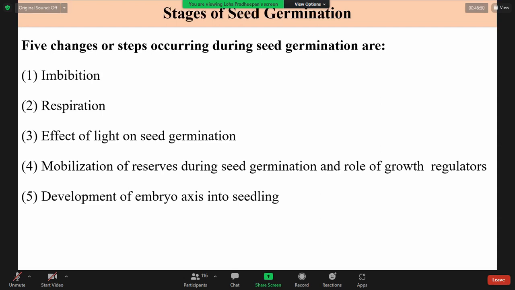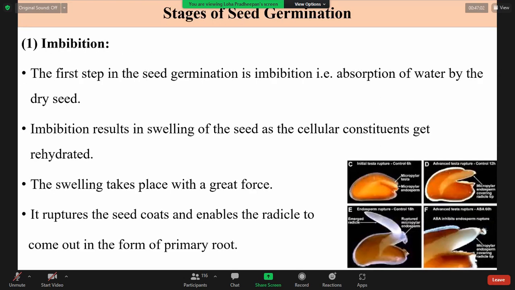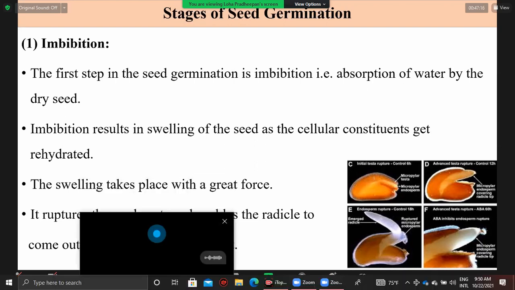into seedling. Because while putting the seed, it is in the dry conditions, especially the orthodox seed.